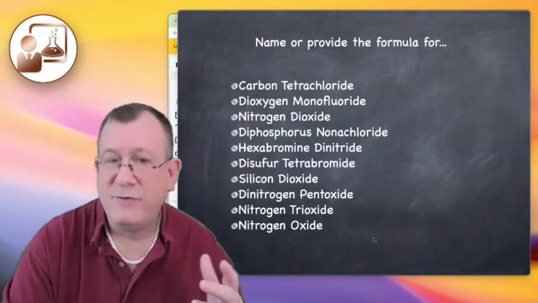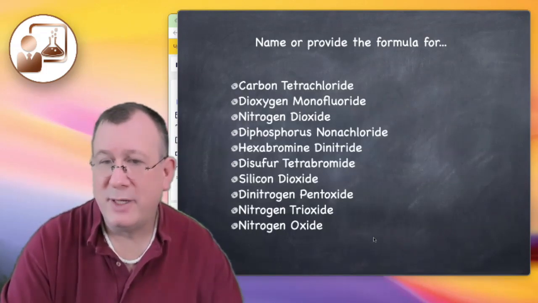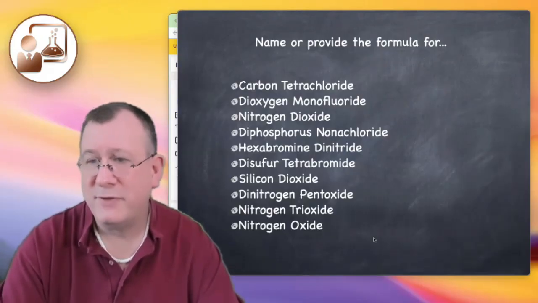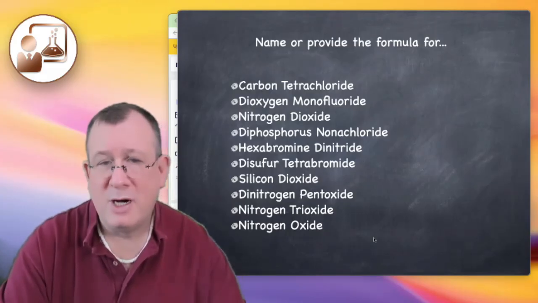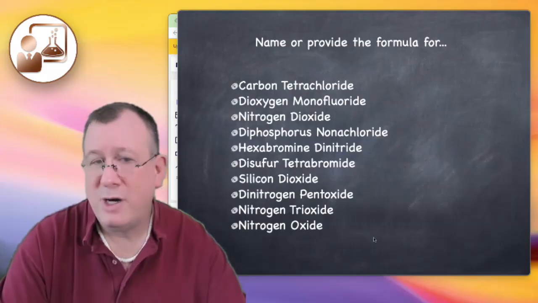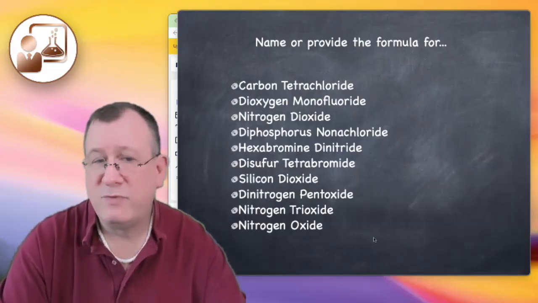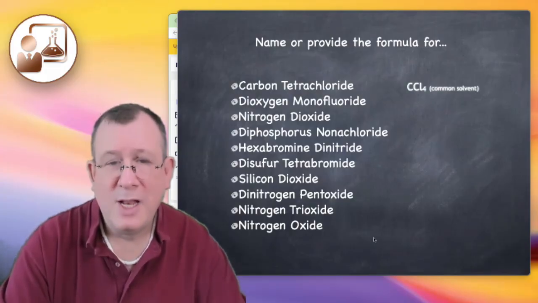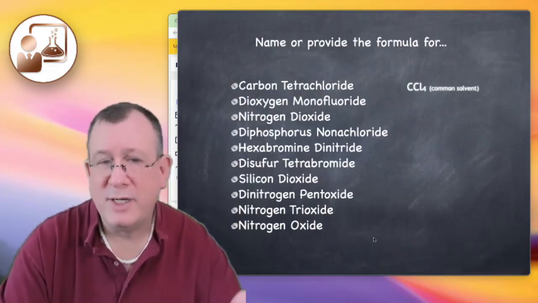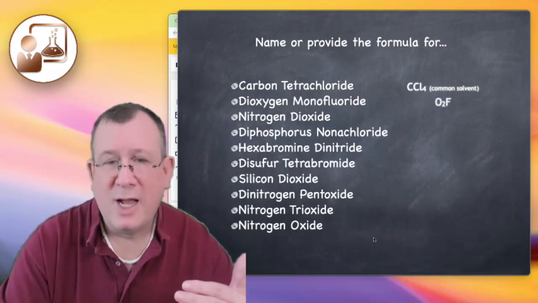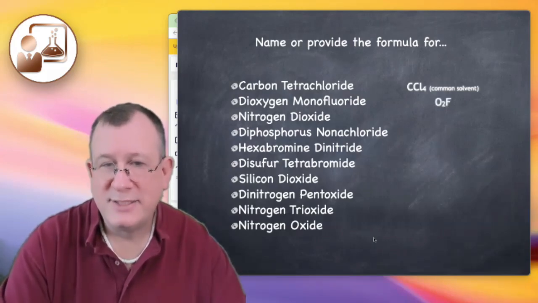All right. And if you're going the other way around, this is the easy way. That was climbing uphill. This is going down. Now you just read the numbers off there and put them into the formula. Carbon tetrachloride, also known as carbon tet. Carbon has no prefix, so we assume 1. Tetrachloride means 4 chlorides, CCl4. Dioxygen monofluoride, 2 oxygens on a single F. Nitrogen dioxide, a single nitrogen on 2 oxygens.